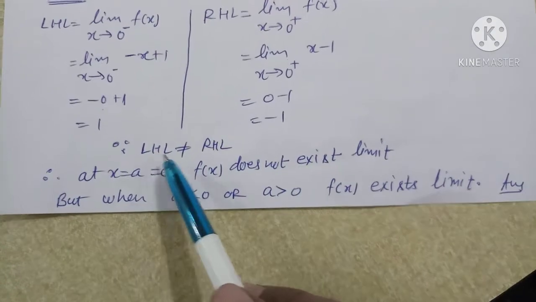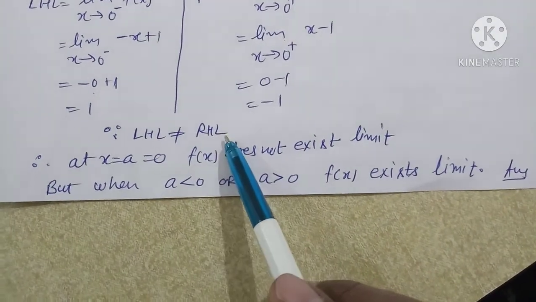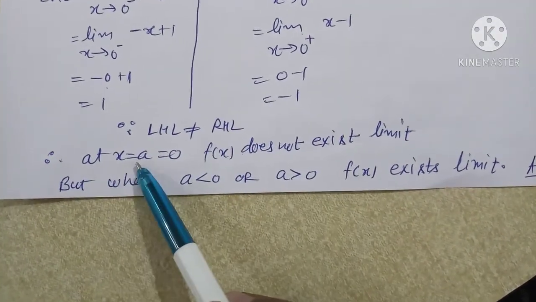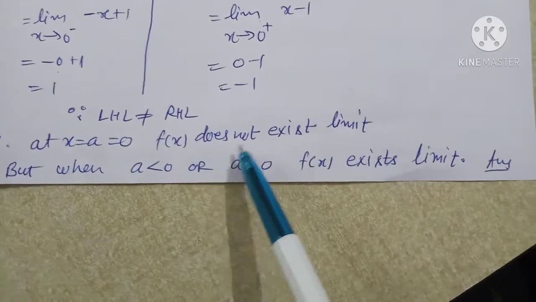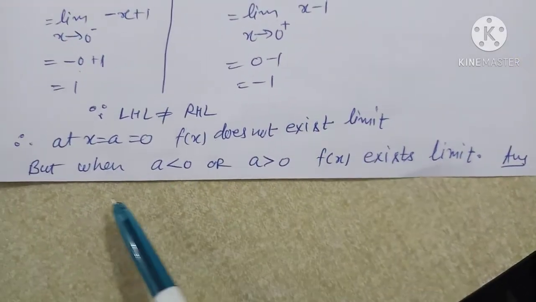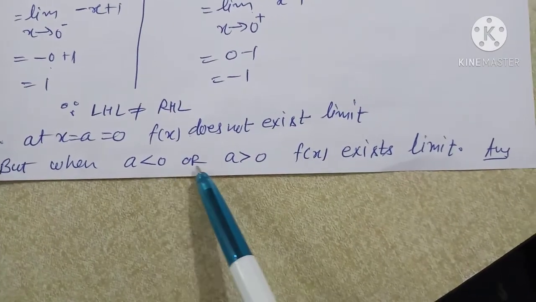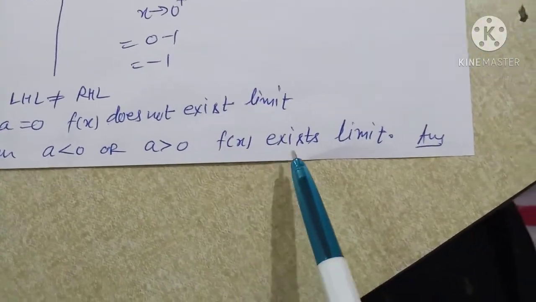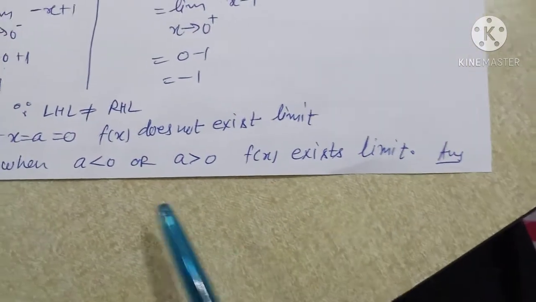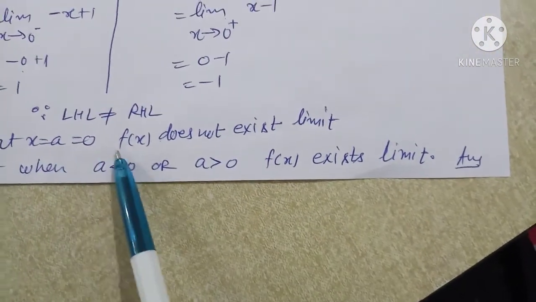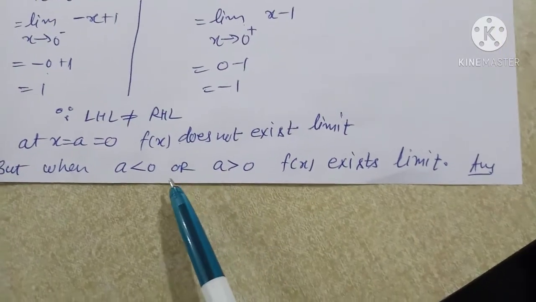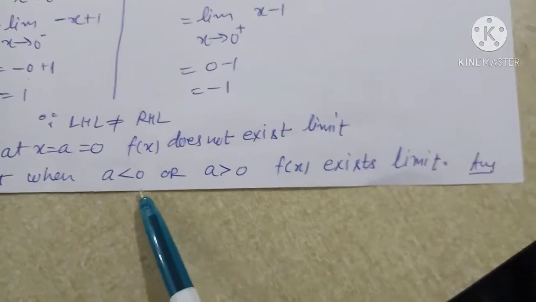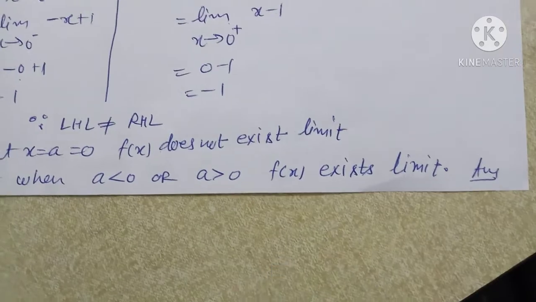Since left hand limit is not equal to right hand limit, at x equal to a, it means a equal to 0, function does not exist its limit. But when a is negative or a is positive, then function exists its limit. So only at x equal to a equal to 0 function does not exist its limit. Otherwise in negative interval and in positive interval, function exists its limit. Okay.